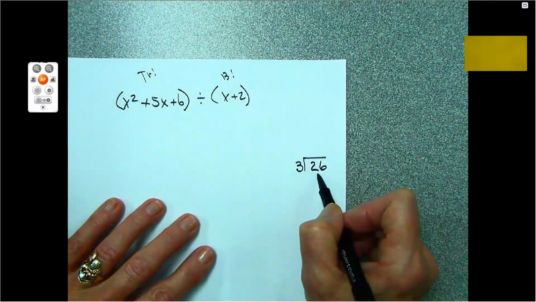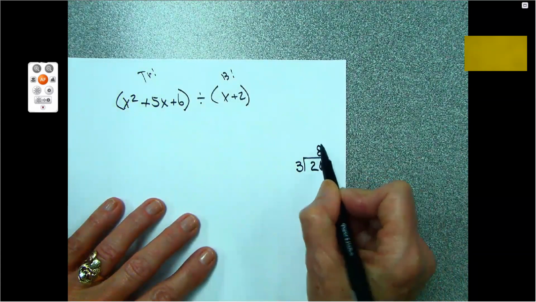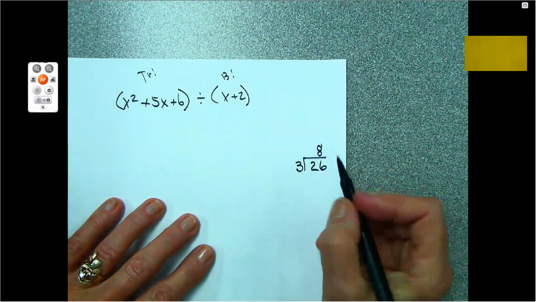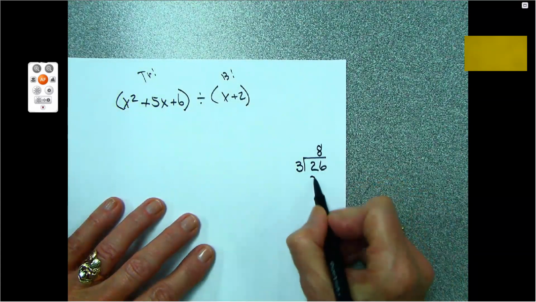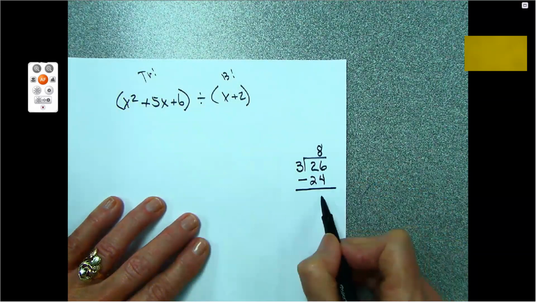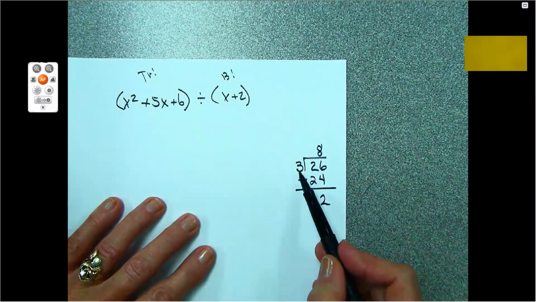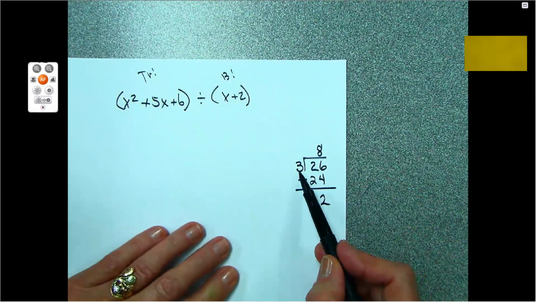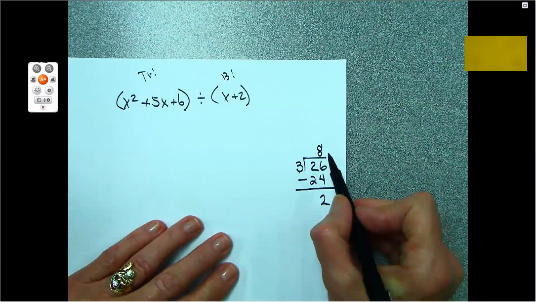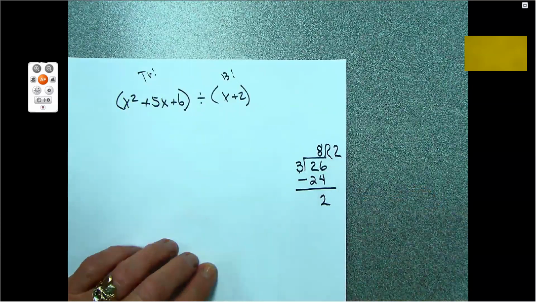How many times? 8. 8 times 3 is 24. Draw your line and subtract. We get 2. It's less than the divisor, so we have a remainder of 2.